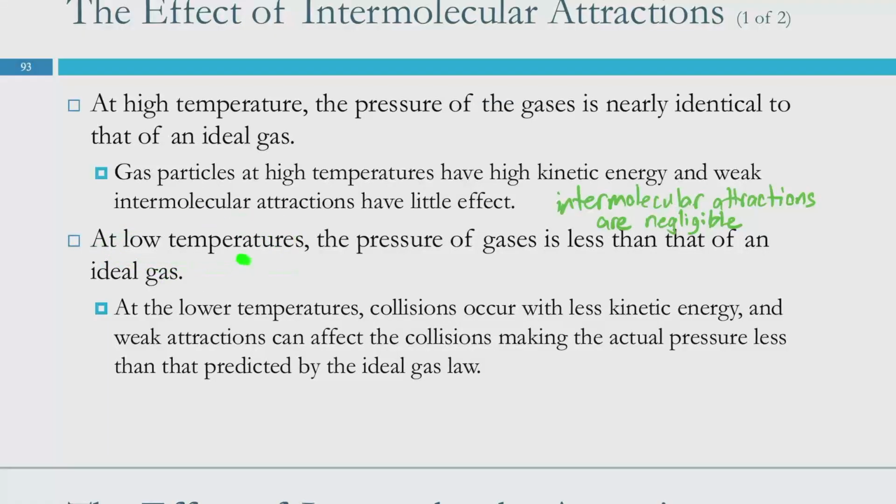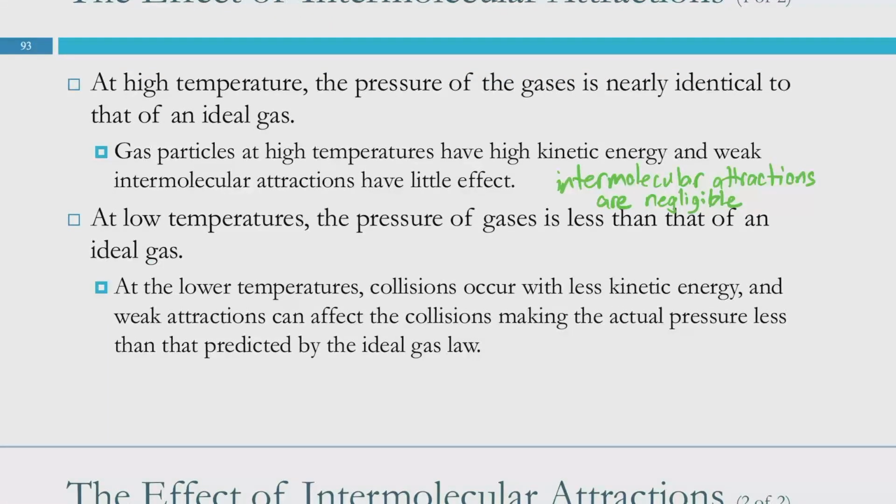So at low temperatures, the pressure of the gas is less than that of an ideal gas because of that stickiness, that Velcro force, or that double-sided sticky tape force. So the collisions lose energy from attractive forces.